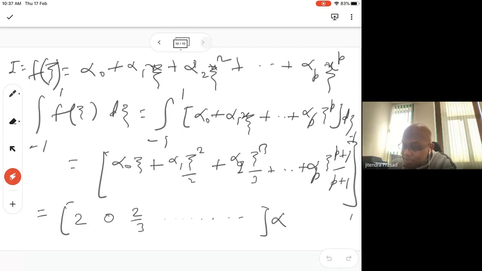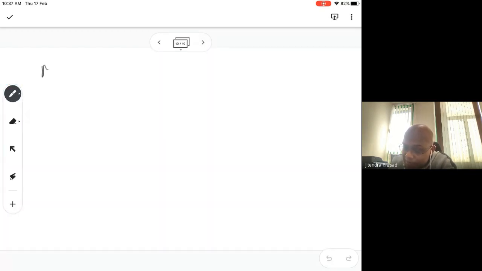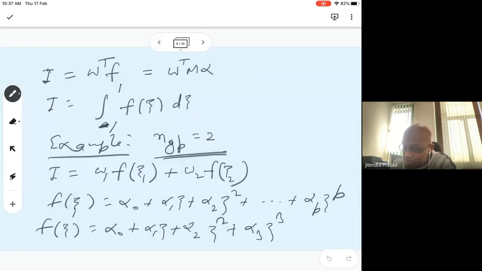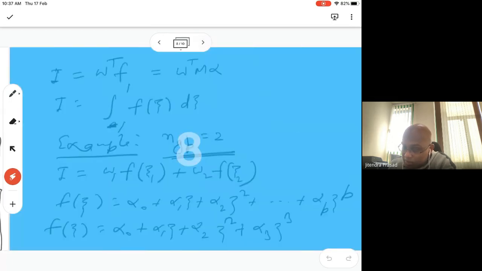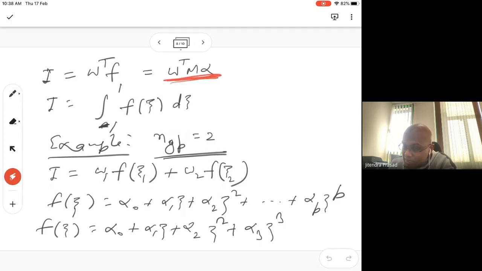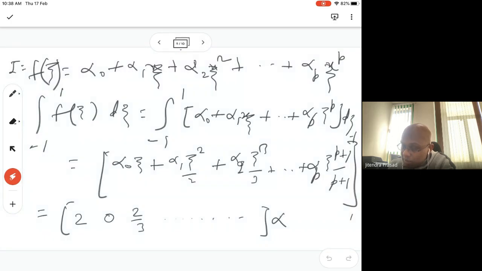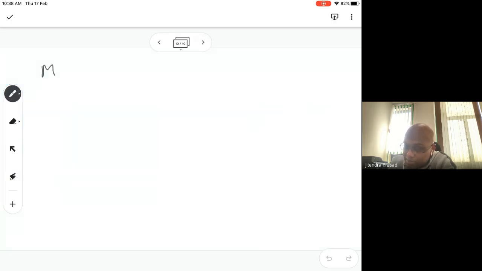So now we get two things. We get M, right? So previous integration, if you see, what we get? We get M alpha. So I equals W transpose M alpha.